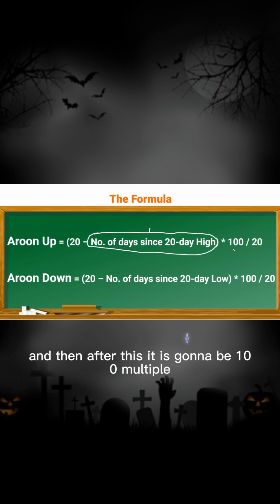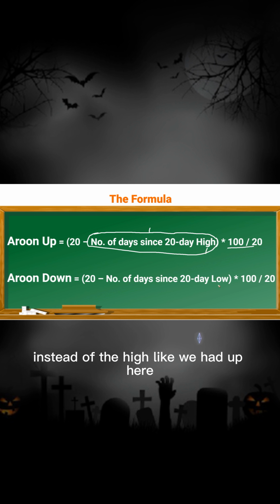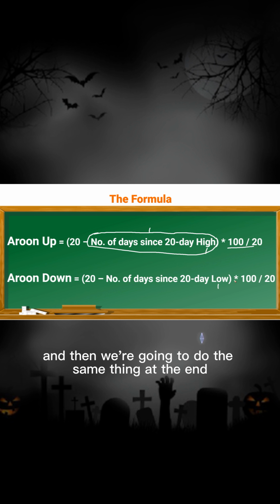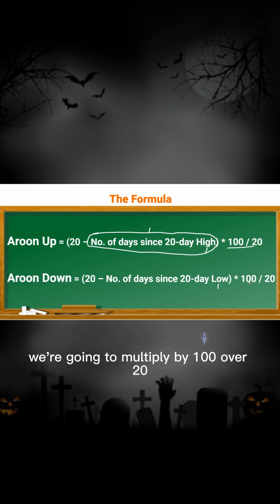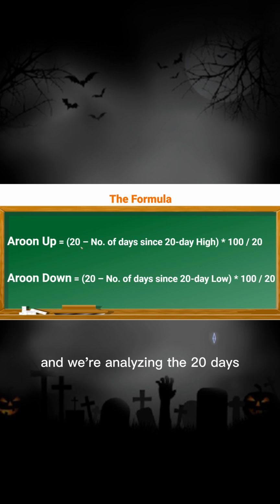And then after this, it is going to be 100 divided by 20, as you can see here on the end. The AroonDown line is going to be 20 minus the number of days since the 20-day low instead of the high like we had up here. And then we're going to do the same thing at the end where we have 100, we're going to multiply by 100 over 20.